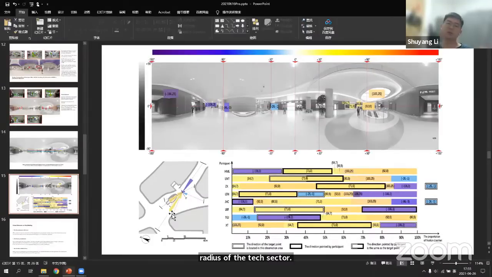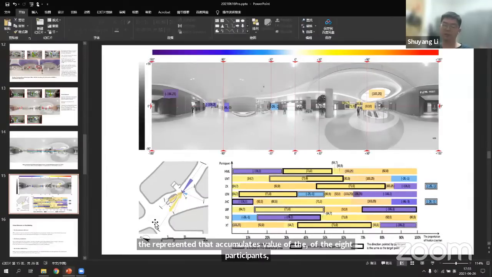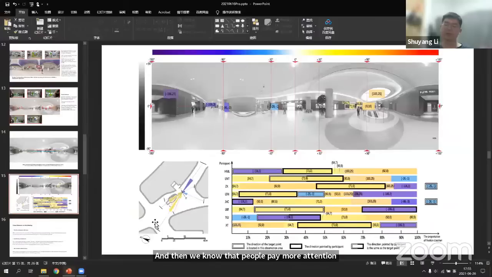We then know that people pay more attention to the right hand side than the left, and only a few people noticed that there is a passage on the front left.